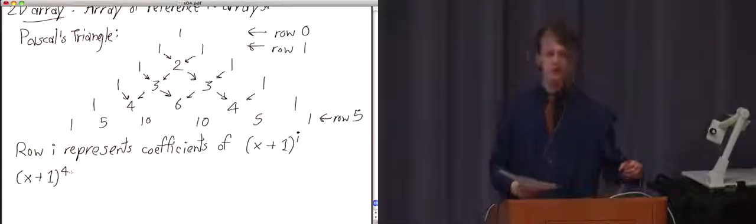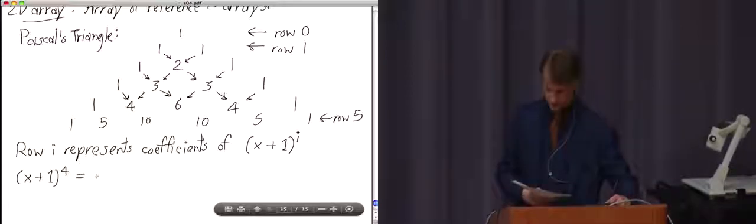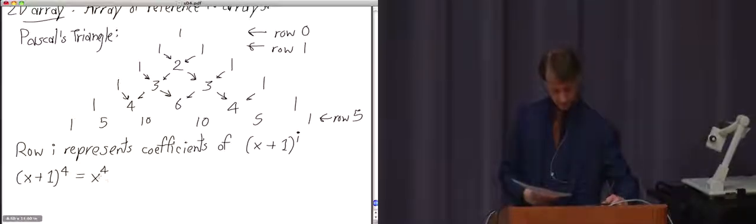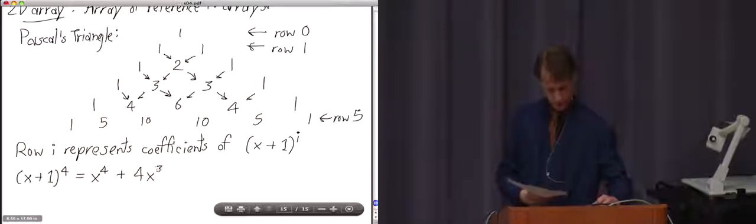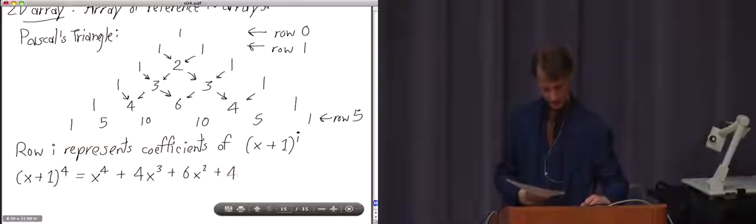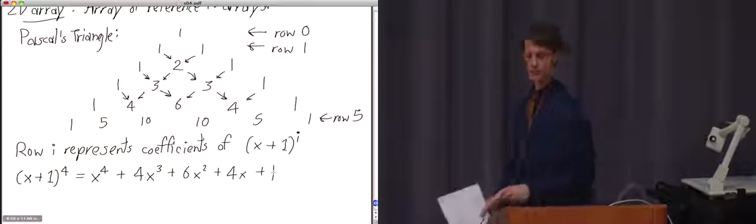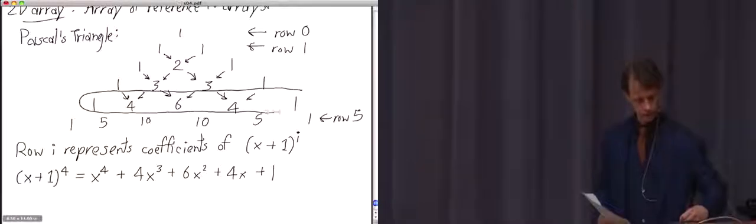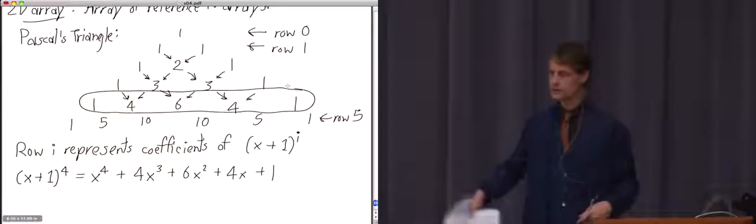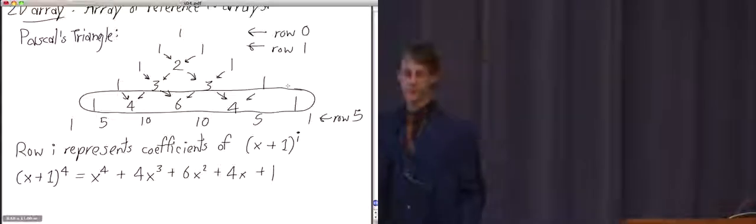If you take x plus 1 to the 4th power, you get x to the 4th plus 4x cubed plus 6x squared plus 4x plus 1. And the coefficients of this polynomial are exactly the numbers in row 4 of Pascal's triangle. 1, 4, 6, 4, 1.